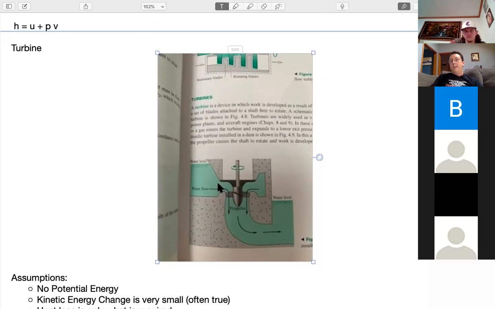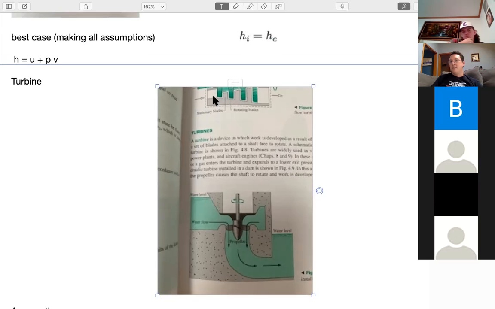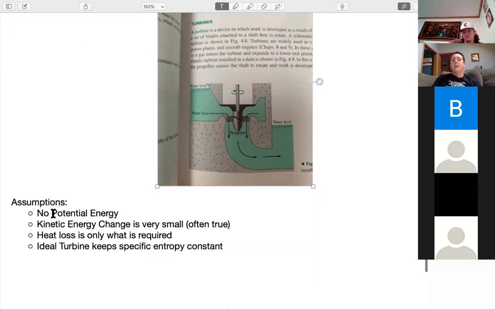Now, if this was a dam driven by gravity, you're going to have potential energy in that case, right? But if we're talking about the kind of system we mostly are talking about, like at a power plant, or we saw an example, at least on the board, where they had some sort of turbine in an ideal refrigeration cycle, in that case there's no significant potential energy.